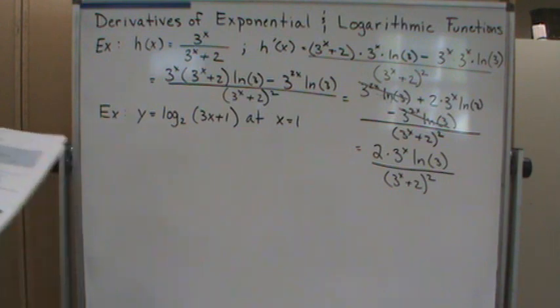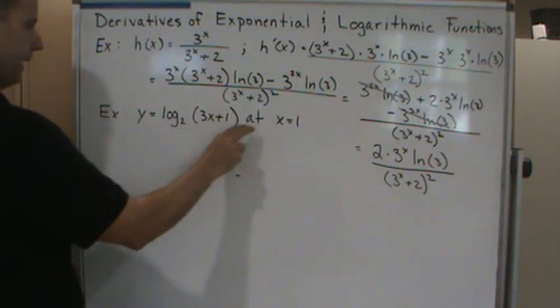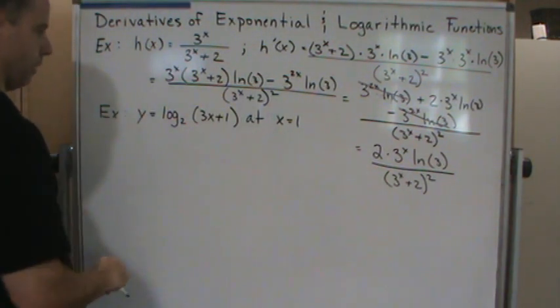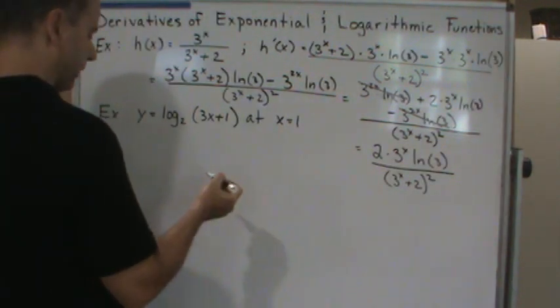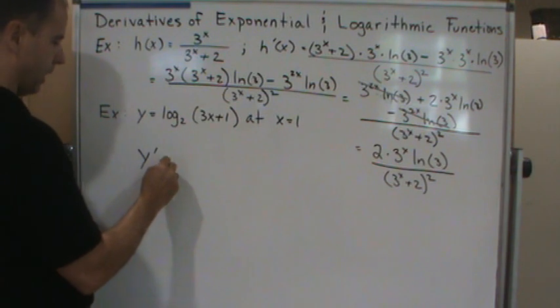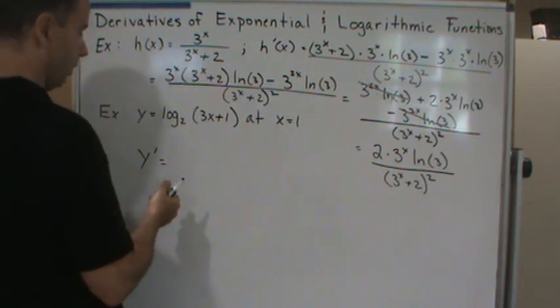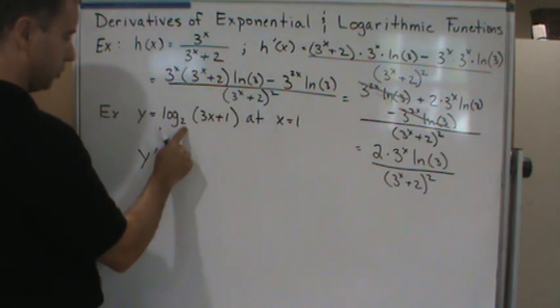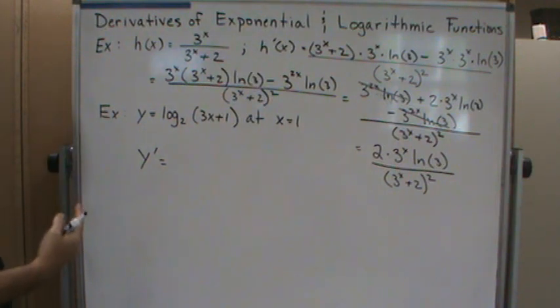Now the second example wants us to find the slope of the tangent line at this point on this curve. So to find the slope, we first have to find the derivative function, so we know y prime is equal to, now we're going to use the general case, right? So we've got log base 2 of this function. Well, what's the rule?